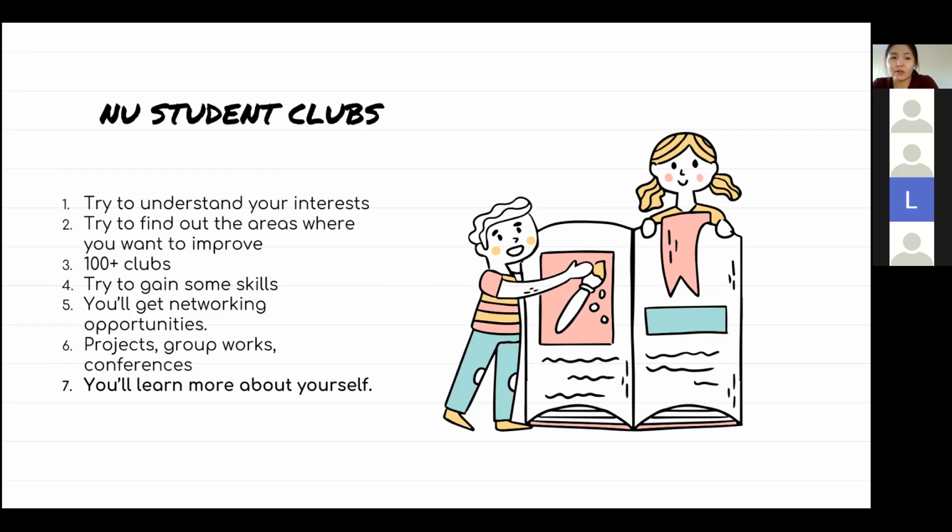It's not a problem to be a part of any student clubs, because we have more than 100 clubs in our university, and all of them are cheerful and welcome new participants. So please don't hesitate, approach any of them, even if you have no background. I think you can figure this out.